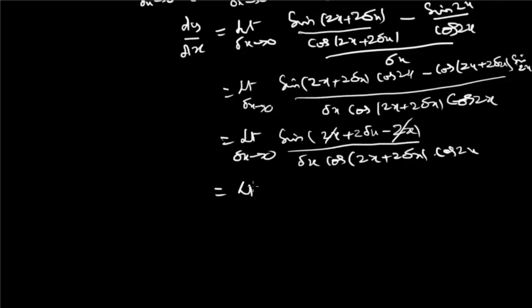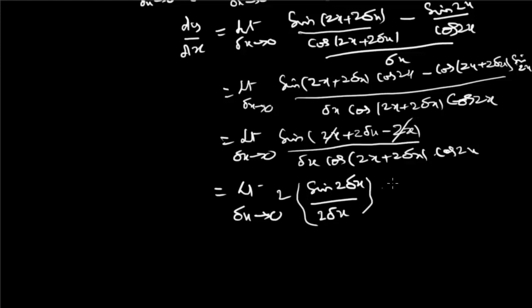So this can be written as limit delta x tending to 0, sin 2 delta x by delta x. This is not in the form sin theta by theta, so 2 delta x is necessary. So when you divide by 2, you have to multiply by 2 and then put a bracket here. The rest of them write as they are: cos 2x plus 2 delta x into cos 2x.